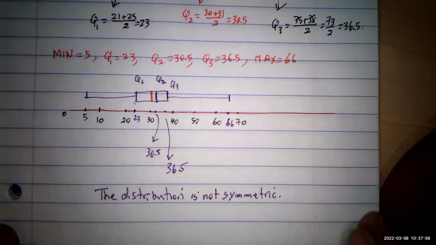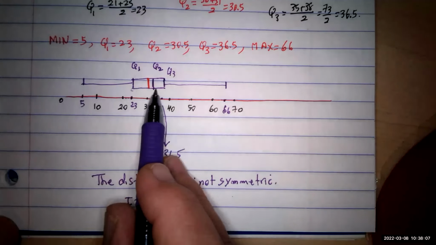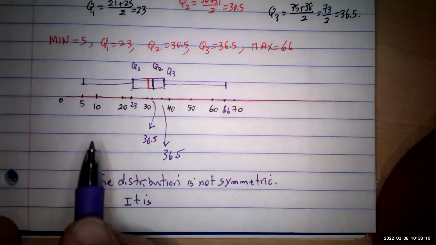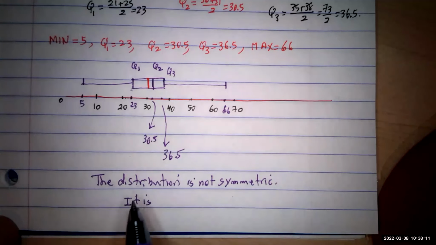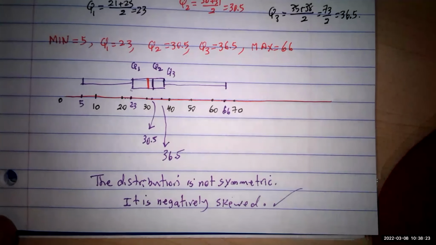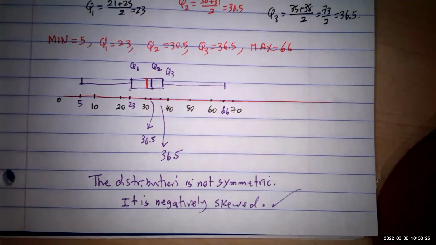It's shifted to the right, so it is negatively skewed, or skewed to the right. Both of them would be fine. This means there are some people who are viewing TV programs too much. That's why you didn't get the symmetric one.